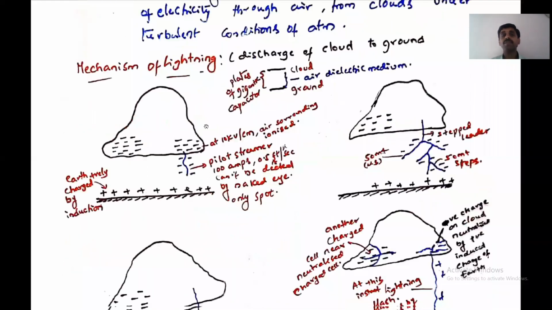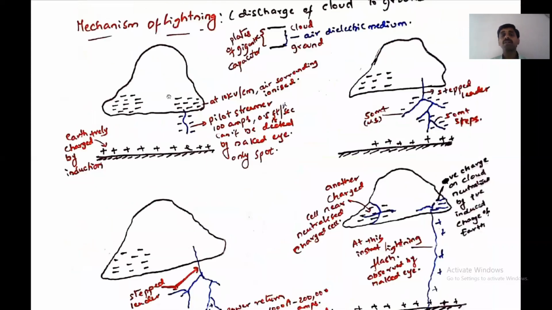It's a very interesting one. The bottom part of the cloud is negatively charged, and as I said, it is a capacitor, so the earth is positively charged by induction.